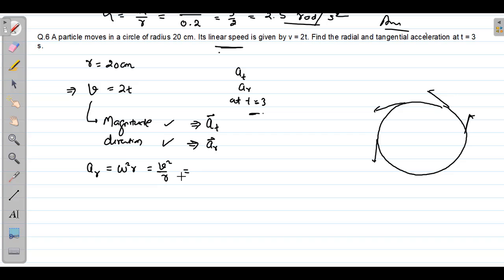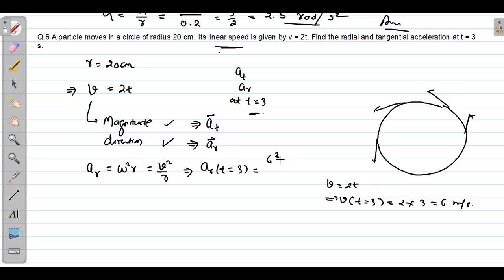So velocity, and this radial acceleration we have to find at t = 3 seconds. So we have to find the velocity at t = 3. From the given relation v = 2t, we can say v at t = 3 equals 2 into 3, equals 6 meter per second. That we put here.